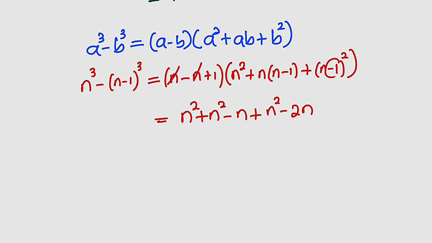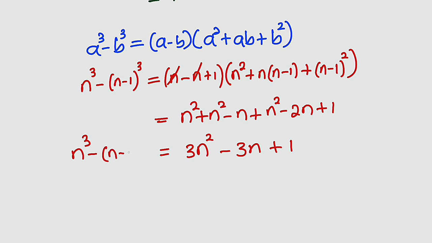Then minus 1 squared is positive 1. We are still simplifying. How many n squares do we have? 1, 2, 3. We have 3n squared. Then minus 1n minus 2n is minus 3n. Then lastly, plus 1. So this is just the expansion of n cubed minus n minus 1 cubed.